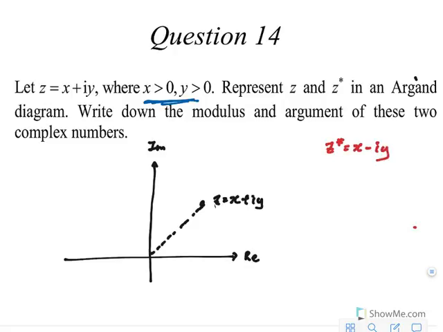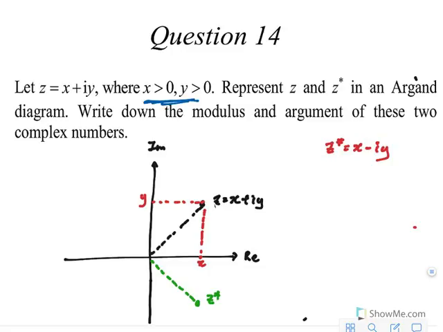Where will it be? If this is x and this is y, they are actually just your Cartesian coordinates. So we will extend the negative y-axis. This will just be the green dotted line.